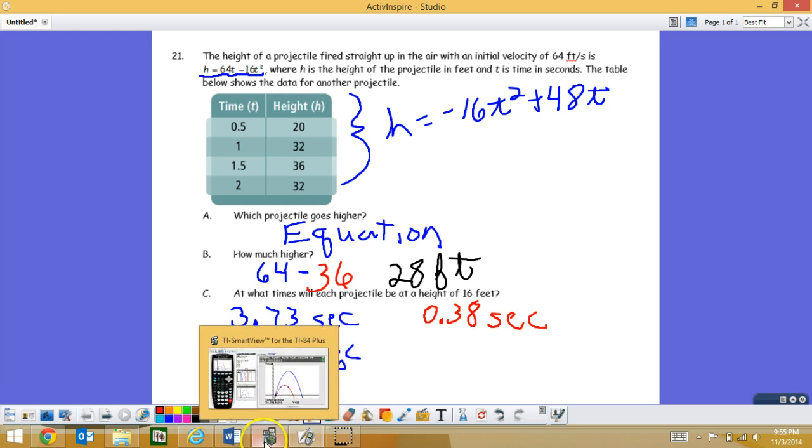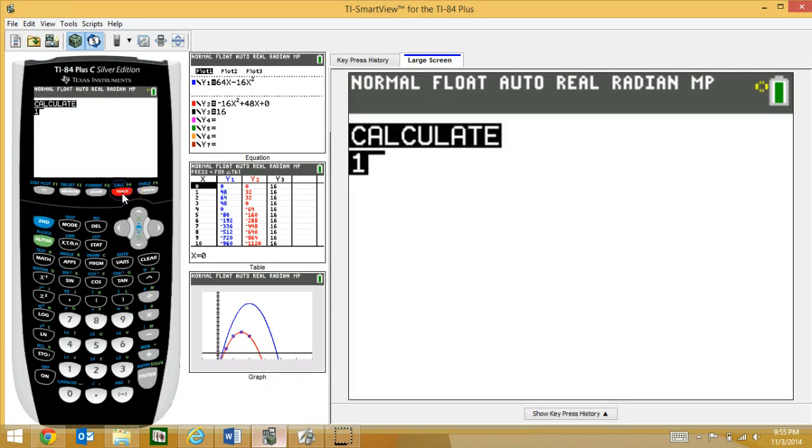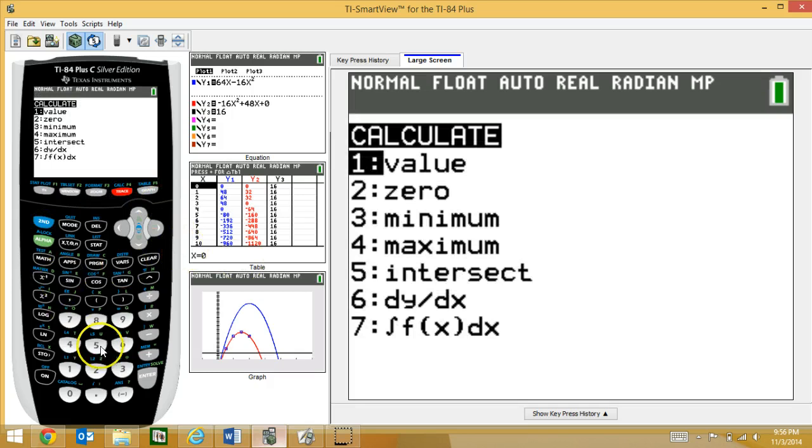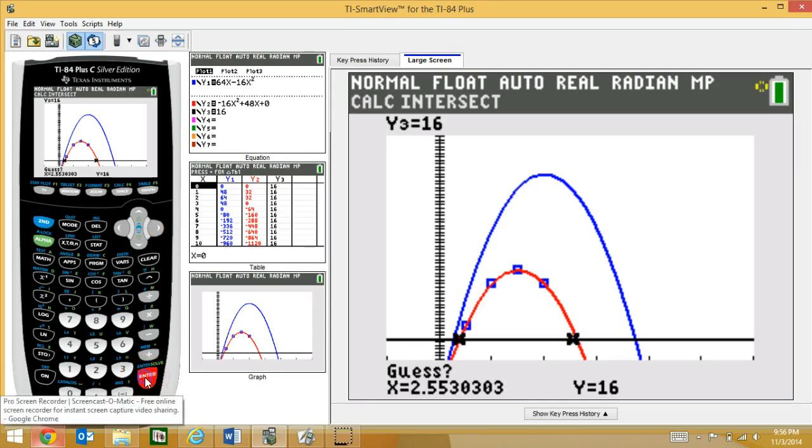And then on the way down, we're going to calculate that intersection for that second intersection, 5. Now the blue graph is not one that we want to calculate the intersection of. The red graph is, so is the black graph. But now that we're on our guess, we want to right arrow until we're closer to that other intersection.